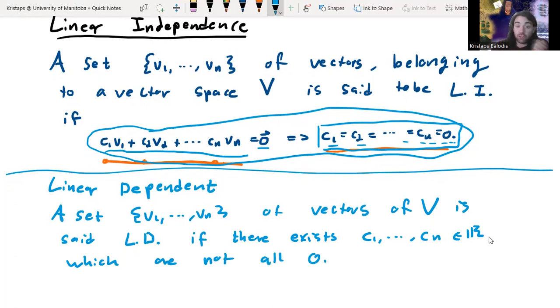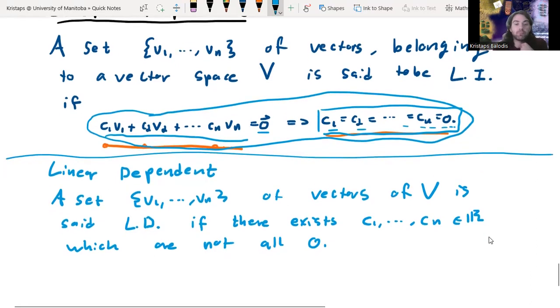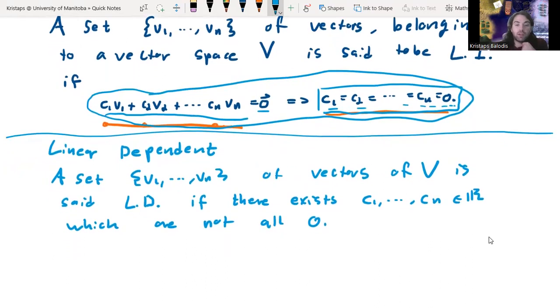Again, this doesn't mean each is non-zero, just that there's at least one that is not zero, such that the linear combination c1 times v1 up to cn times vn is equal to the zero vector.